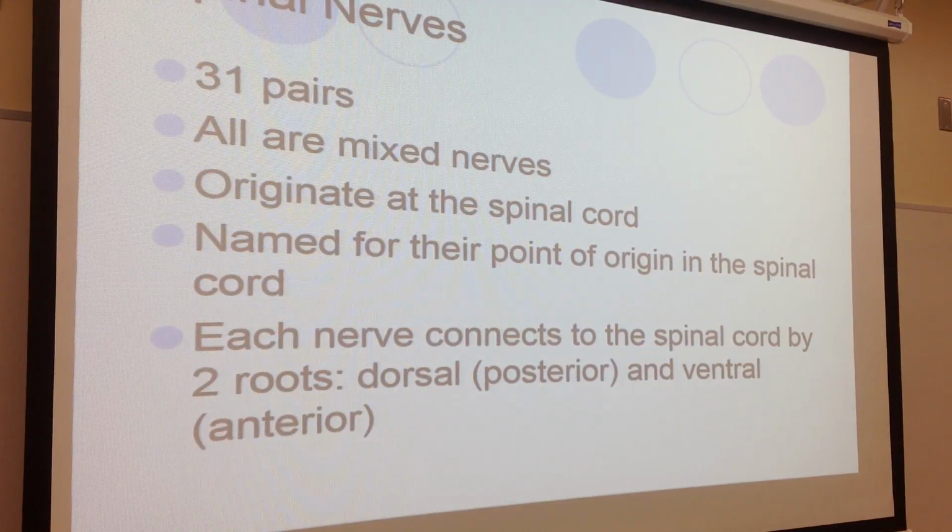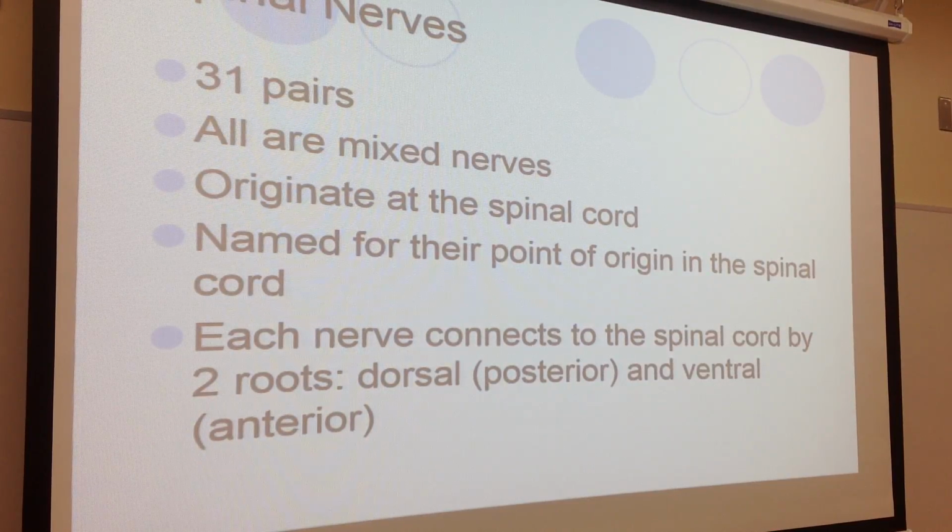Now, when it comes to the spinal nerves, there are 31 pairs of these. There's going to be one on the left and one on the right at each level. And they're basically named for the vertebra with which they're associated, or, in other words, through which they emerge from the spinal cord and from the vertebral canal.